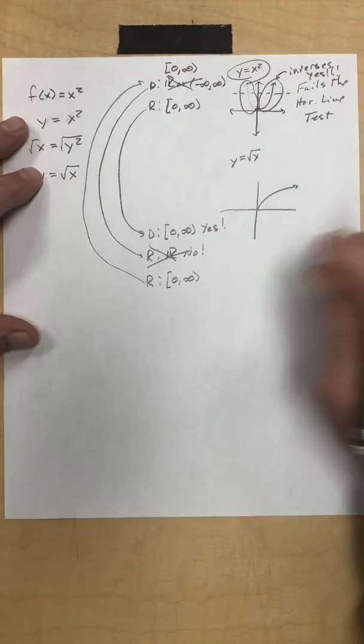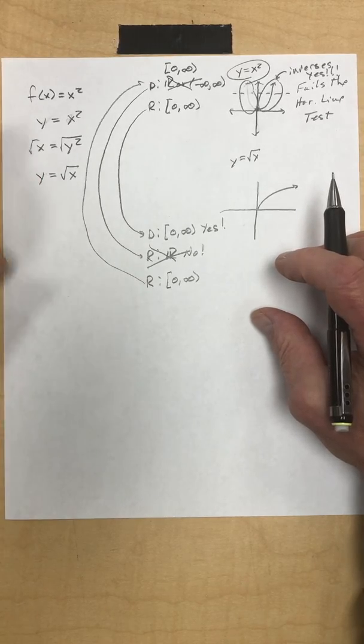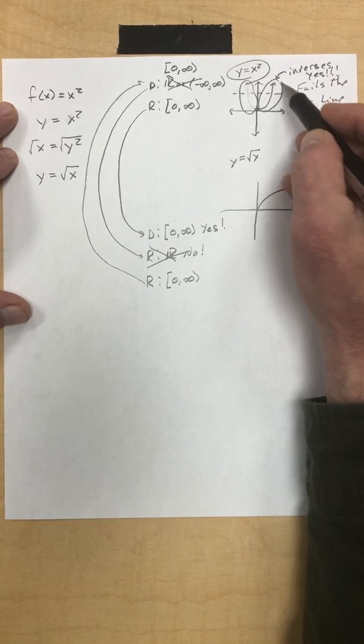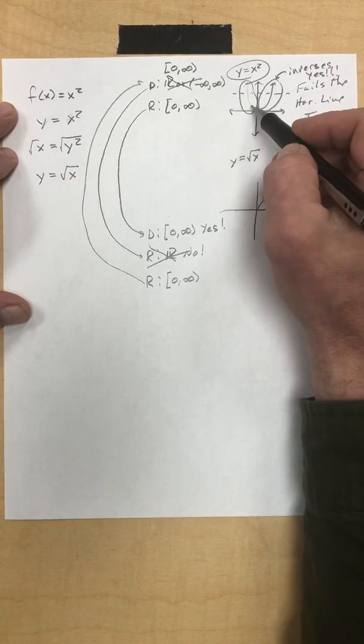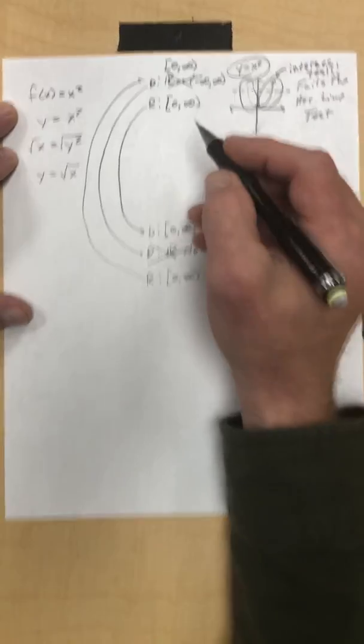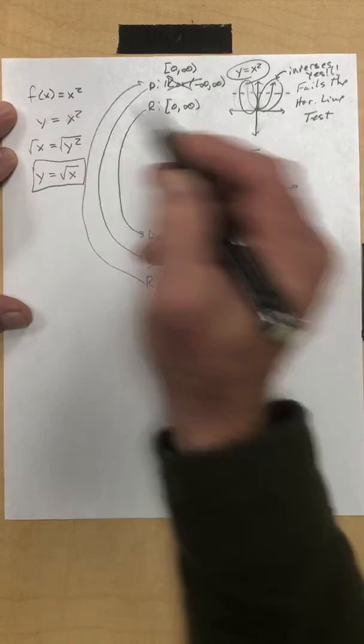So what happens? Sometimes certain educational eggheads say that the inverse doesn't exist at all. Well, clearly it does. The inverse exists for this half of the function, but there is no inverse for this half of the function. So what that allows us to do is actually go and find the inverse function.